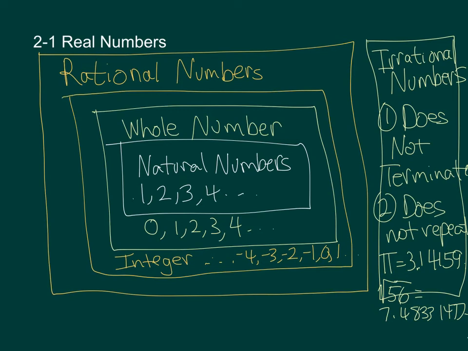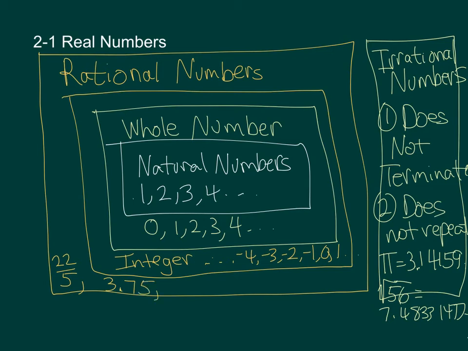All right, and then the integers fit into the rational numbers, and into the rational numbers we will add fractions. Something like 22 fifths would be a rational number, because if I simplified that or put it into a calculator, it would be a decimal that ends, that terminates. 3.75 would be a decimal that terminates.